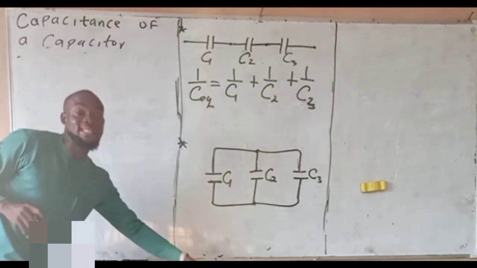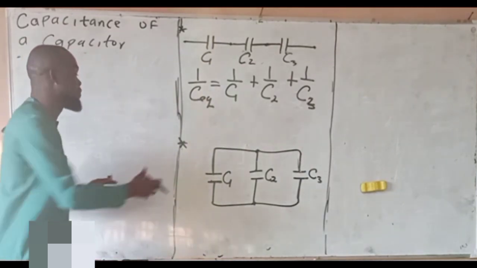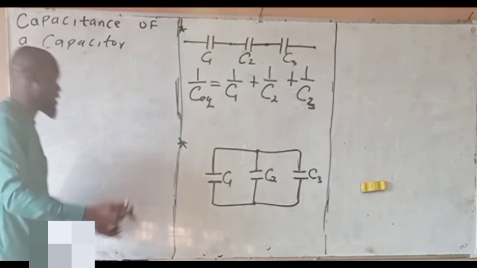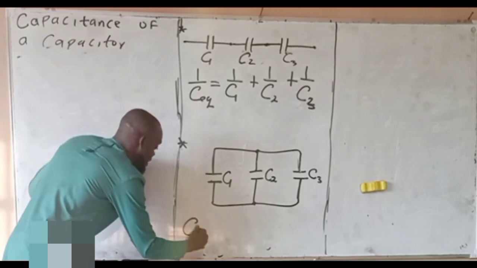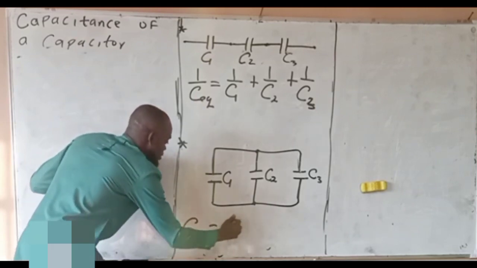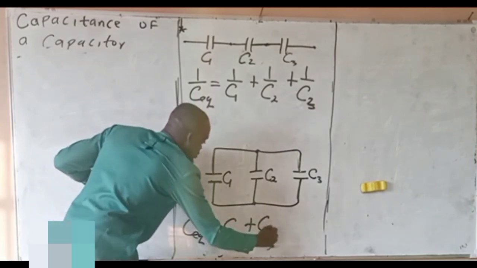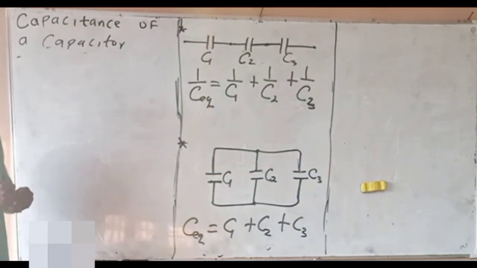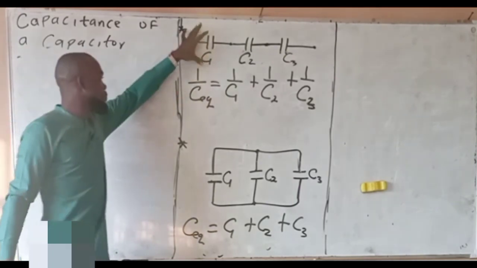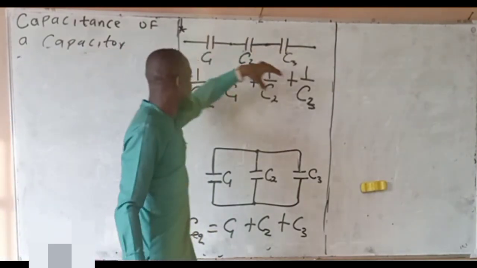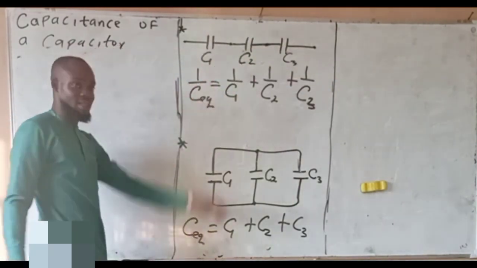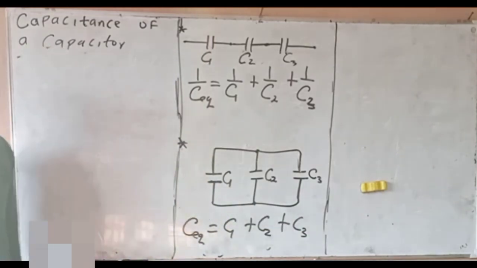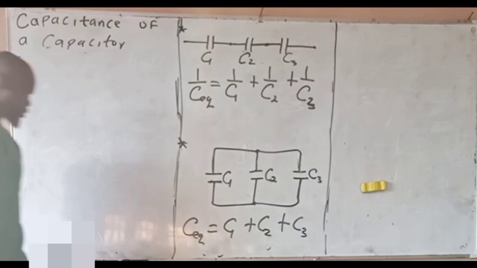To obtain the equivalent capacitance of these capacitors, C equivalent equals C1 plus C2 plus C3. Just add them up. Don't take the inverse. For series, we take the inverse of the capacitance; for parallel, just add them up linearly without taking any ratio.